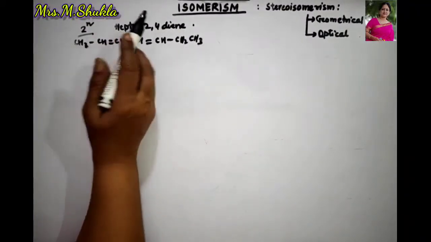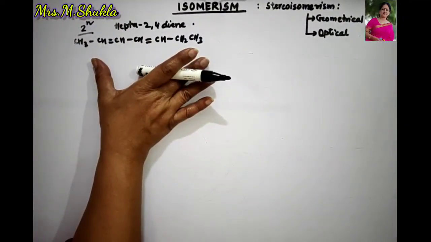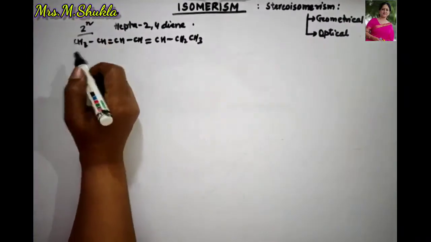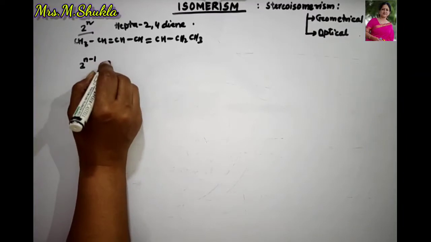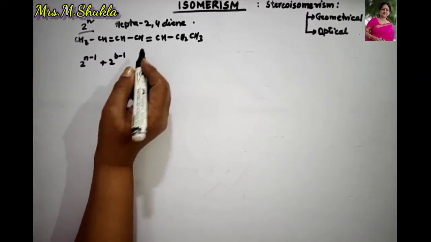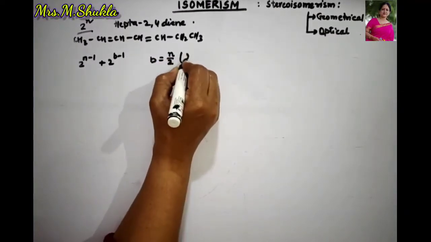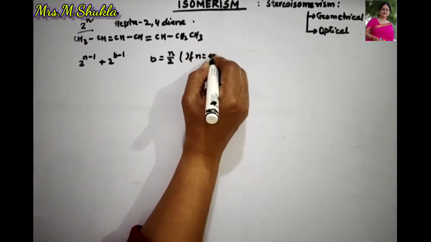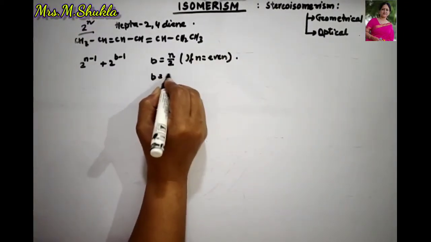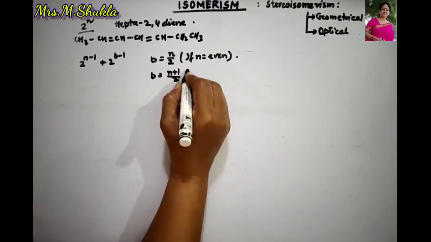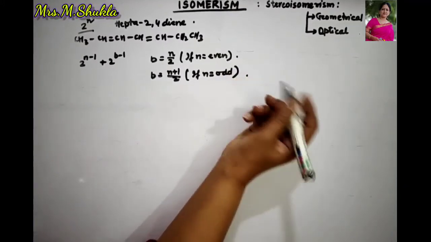But if there is more than one double bond and its ends are not the same, then for the number of geometrical isomers you have to use the formula 2^(n-1) + 2^(b-1). Where b is equal to n/2 if n is an even number, and b will be (n+1)/2 if n is an odd number.